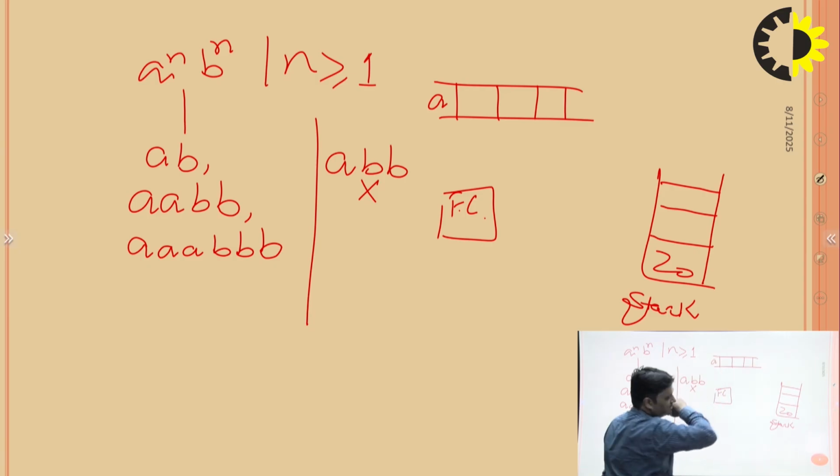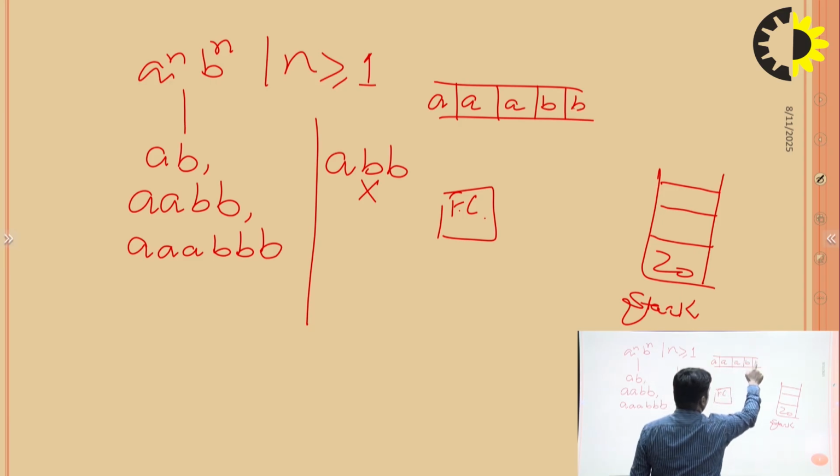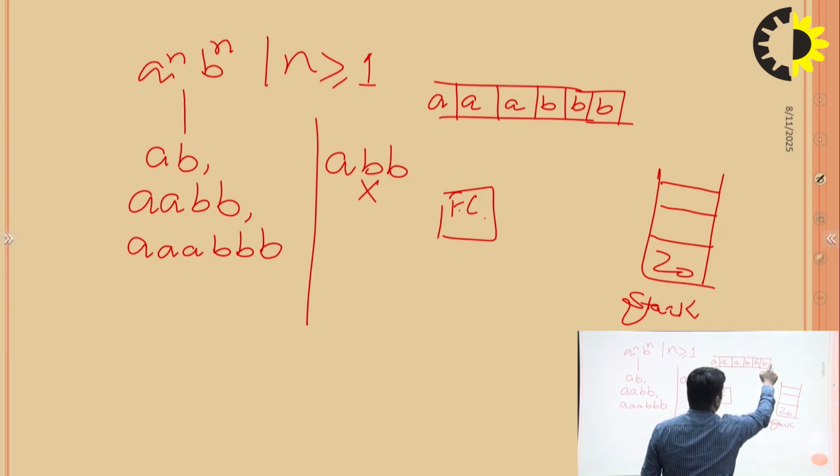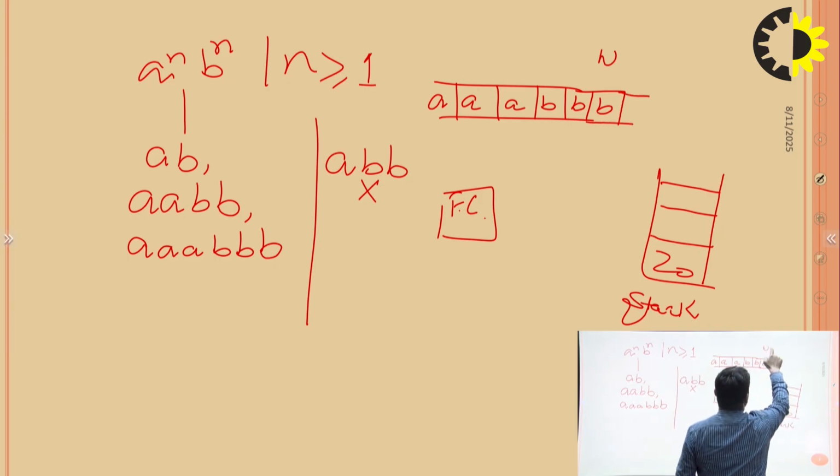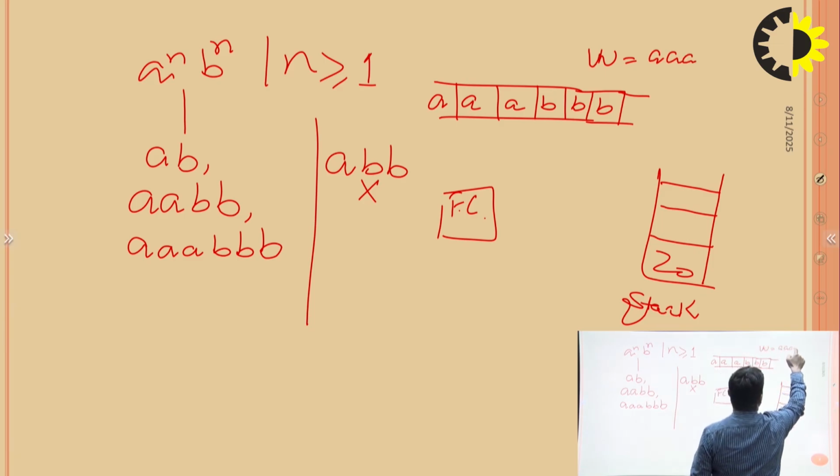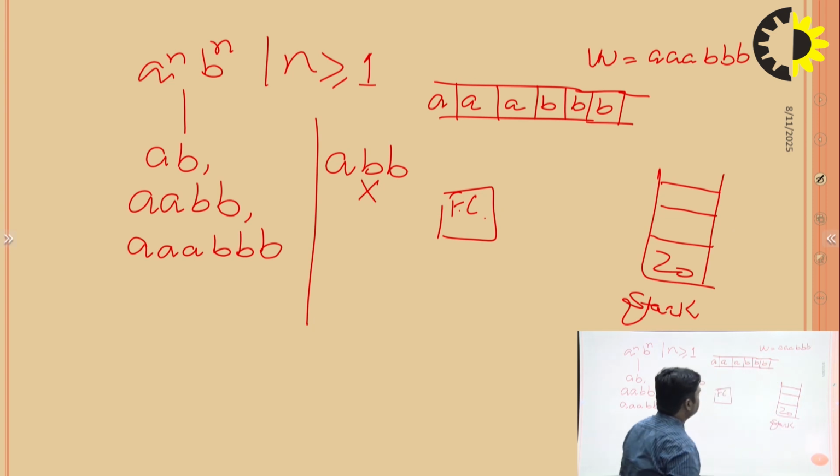If we take the string w equal to abbb, this is the string we take to explain the PDA.